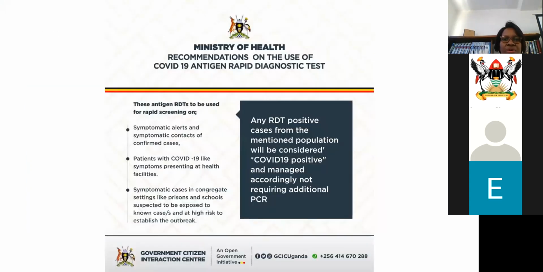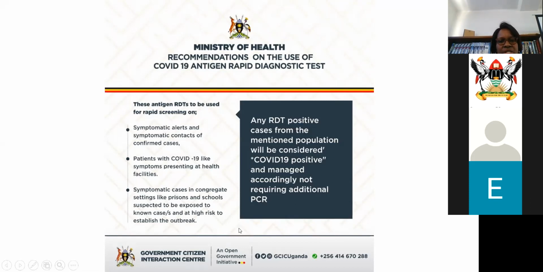The Ministry of Health has also rolled out the rapid antigen diagnostic tests, and this is to be used for screening purposes for symptomatic alerts and symptomatic contacts of confirmed cases. Then it's also used for diagnosis in patients who have COVID-like symptoms who are presenting at health facilities.